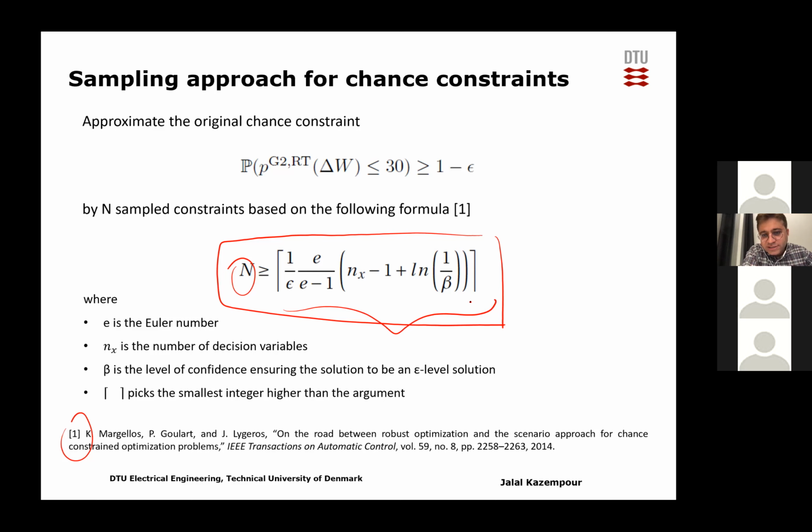Here epsilon is our risk parameter, e is Euler's number, n_x is the number of decision variables, like day-ahead dispatch, real-time dispatch, whatever. And beta is the level of confidence given. And this operator picks the smallest integer higher than the argument. For example, if it's 1000.1, it means that it should be 1001.